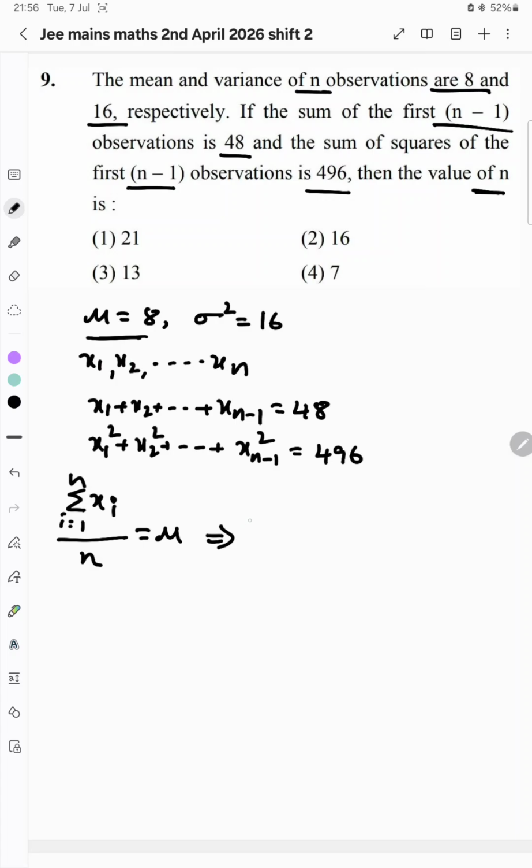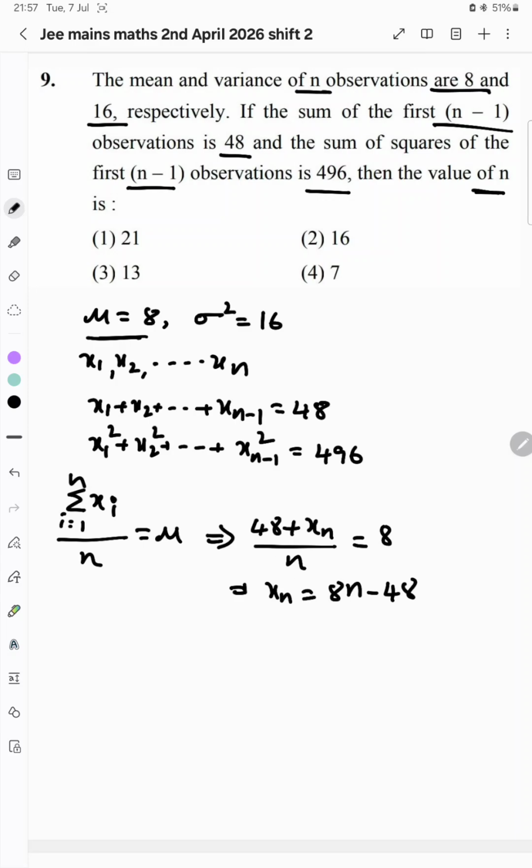We already know the first n minus 1 observations sum to 48, plus the last observation xn, divided by n, and the mean value is 8. From this, xn is equal to 8n minus 48. This is the last observation.